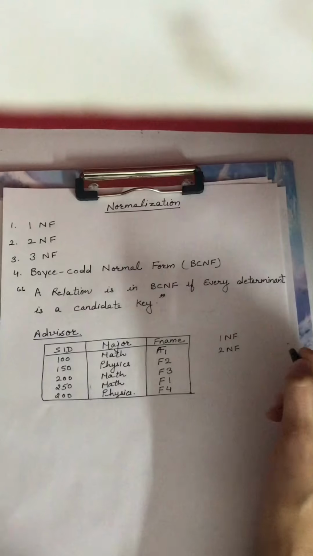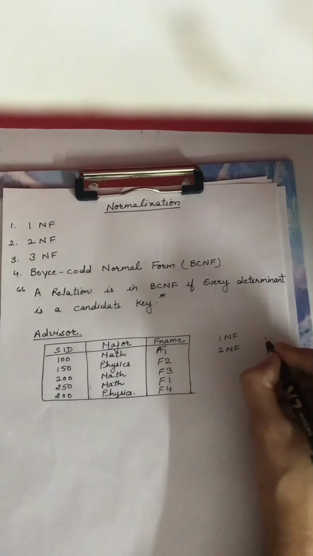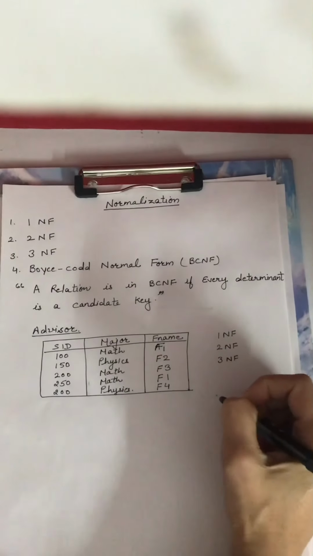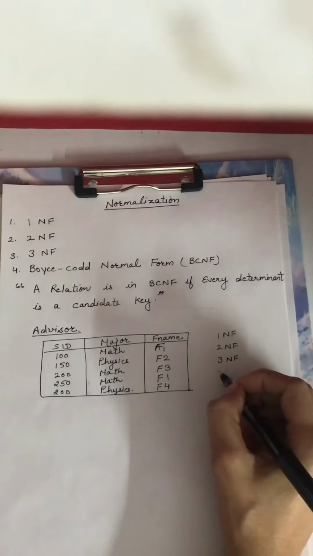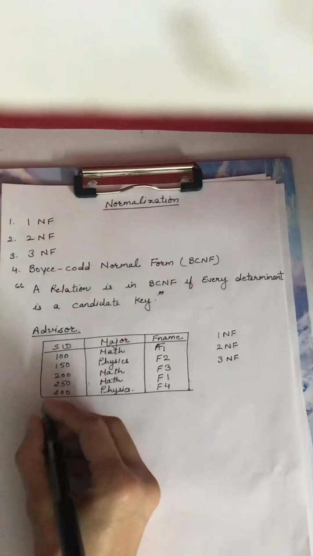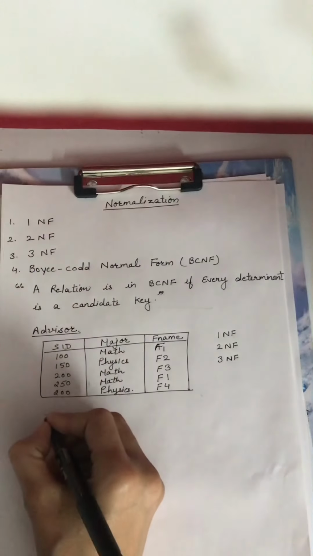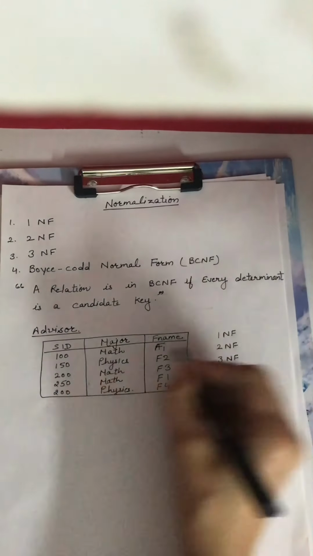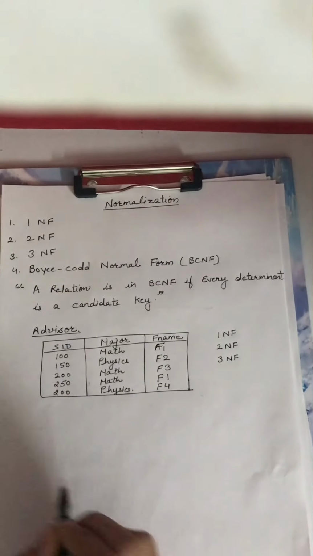Partial dependency means any non-key attribute is not fully dependent on the key. This relation is also in 3NF because it doesn't contain transitive dependency. In spite of being in 1NF, 2NF and 3NF, this relation has anomalies.